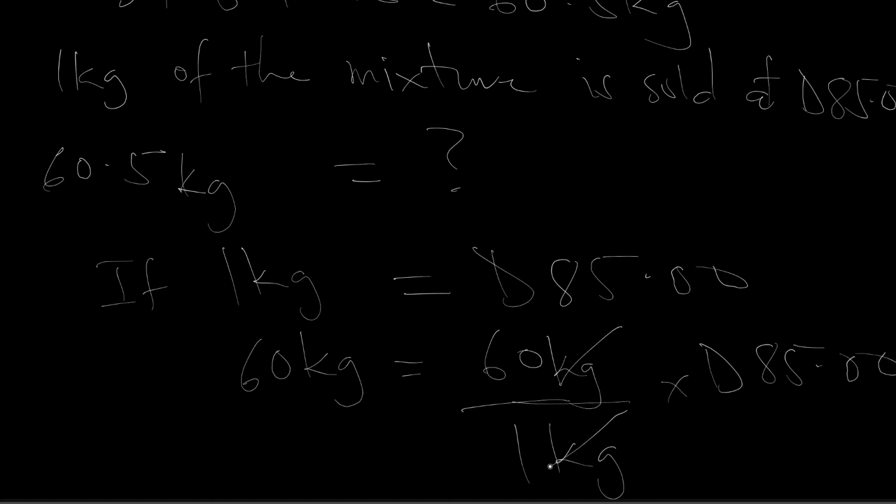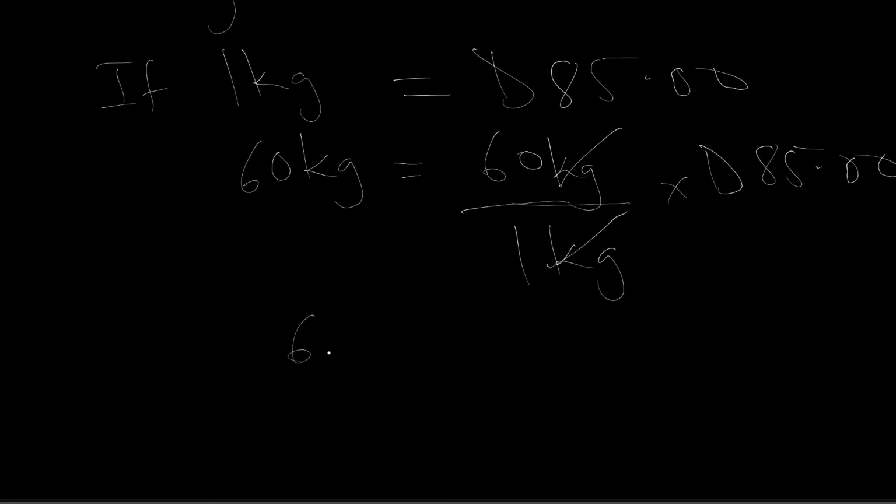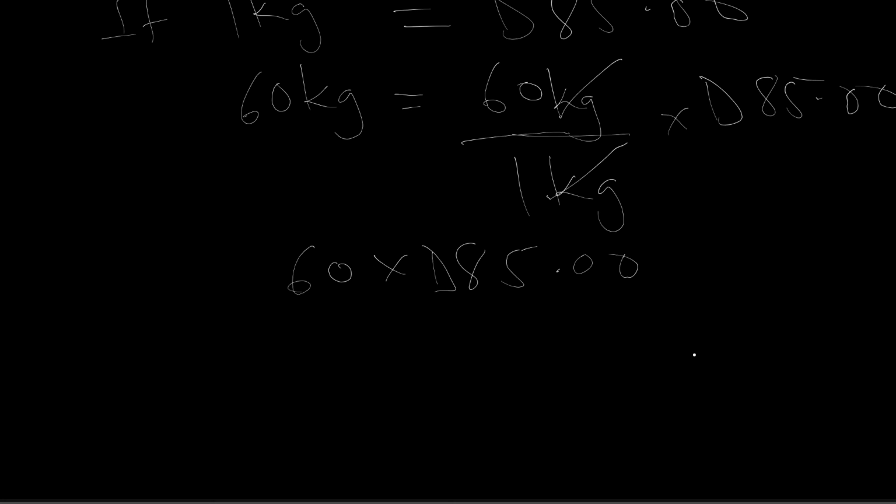Kg cancels kg. So we have 60.5 times 85. Now 60.5 times 85 should give us 5142.50D. So that's the selling price for the mixture.